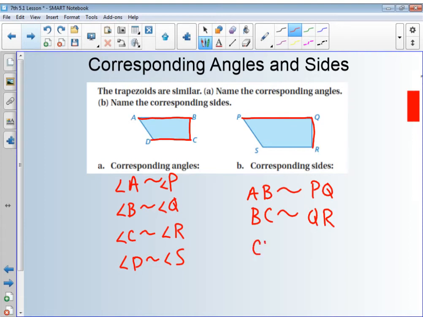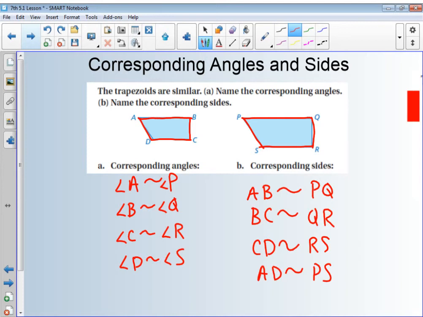CD corresponds to RS. And lastly, we've got AD, or DA, however you choose to do it, corresponds to PS. Okay, so those are our corresponding sides.